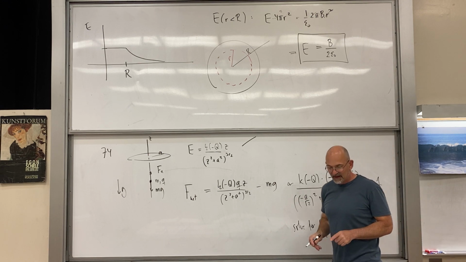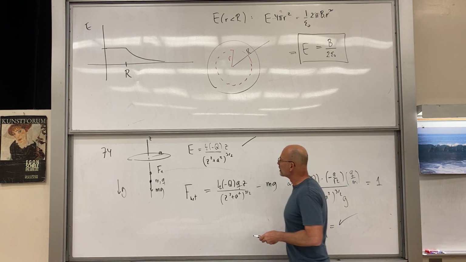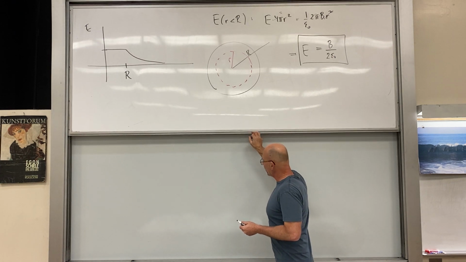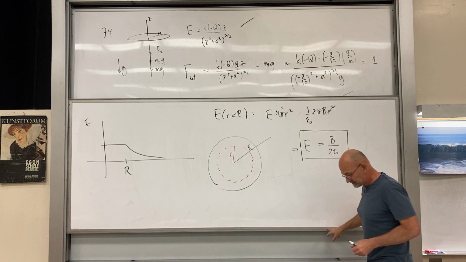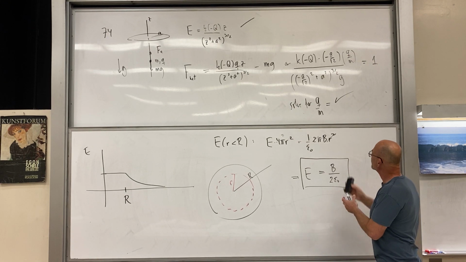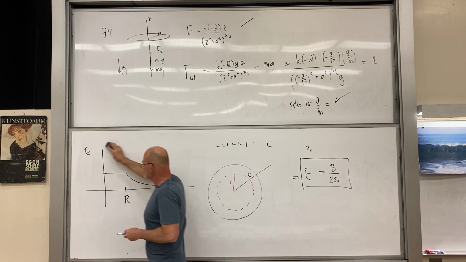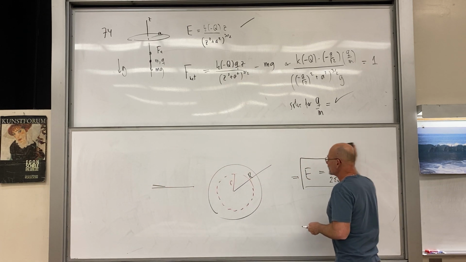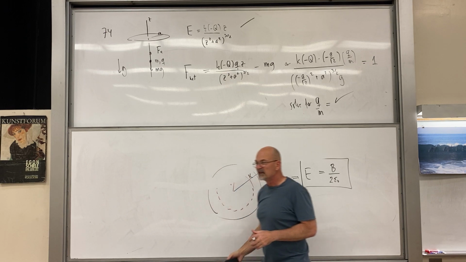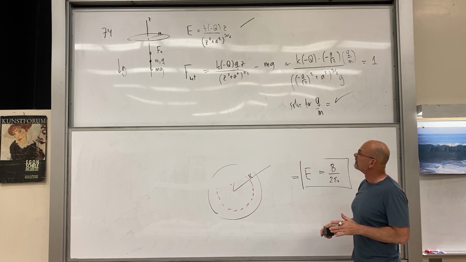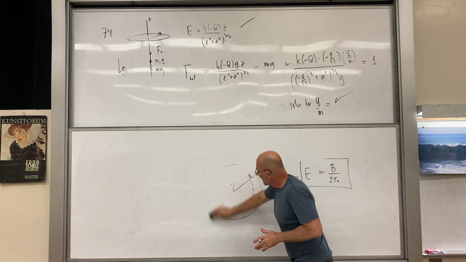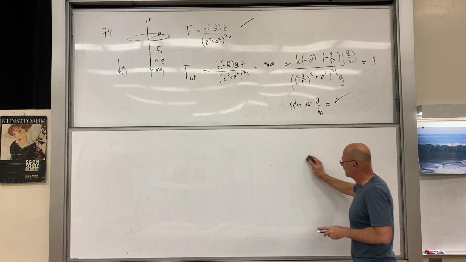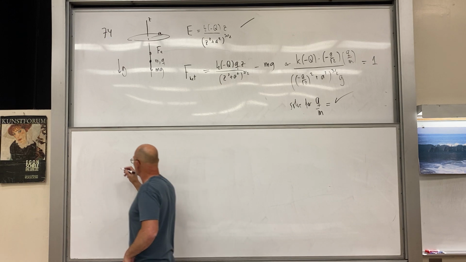Problem 80 is again this ring of charge, and this one is of more interest. So this time we're going to have this same ring and a charged particle close to the origin. So let's draw this.